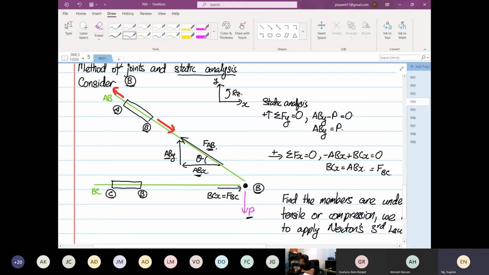So action is equal to what? Reaction. So from here, you can see that member AB is under what? Tensile. Member BC is under what? Compression when you apply Newton's third law. Are we clear? Okay, so this is truss analysis.